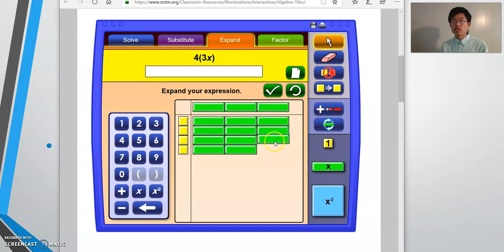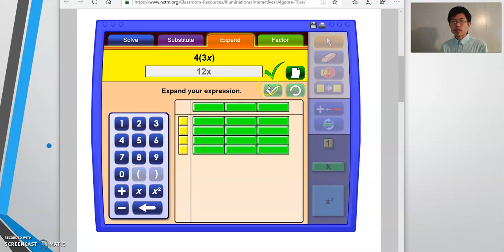Oh, and once I finish that, I have a rectangle right here. This product, after I expanded the expression, I will have to put into algebraic form. So that's x, and how much do I have? That's 12. So after I expand the expression, it'll be 12x.